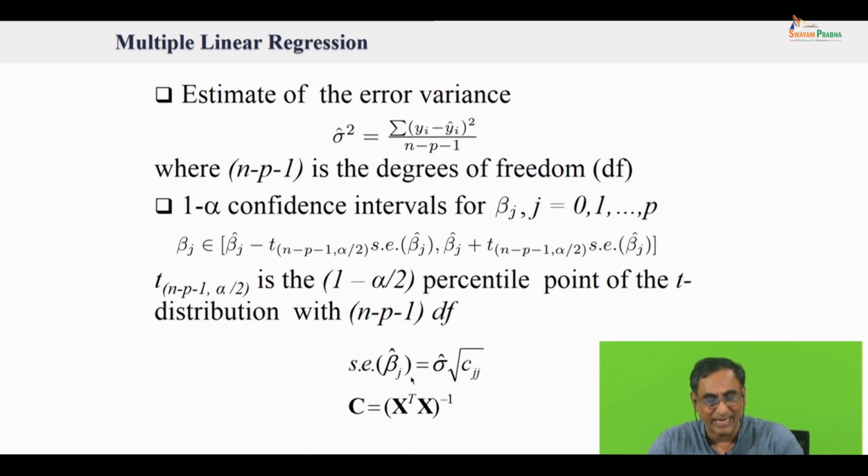So we are picking the diagonal elements of the covariance matrix of the beta parameters. That is all we have done. This represents the square root of the diagonal element, which represents the standard deviation of the estimated value of beta, which is what is used in order to construct this confidence interval. Every one of these can be computed from the data, as you can see. Now the confidence interval can later be used for testing whether the estimated parameter beta is significant or insignificant, as we will see later.